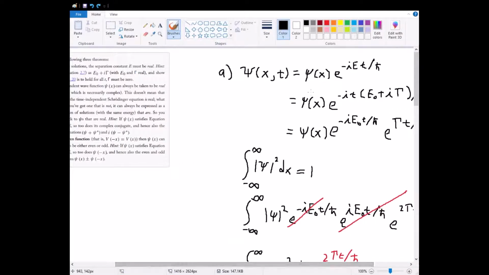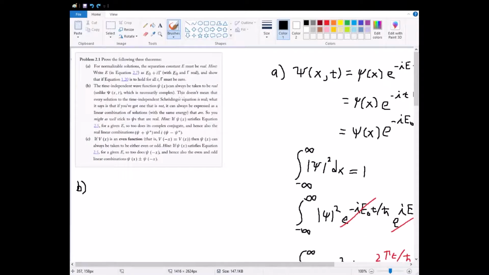If it is imaginary, we can always rewrite it as a linear combination of real solutions, all with the same associated energy value of E, which is our separation constant, and have that still be valid. As a result, we actually don't have to ever write little psi of x as a complex function, so you might as well stick to little psi's that are real.